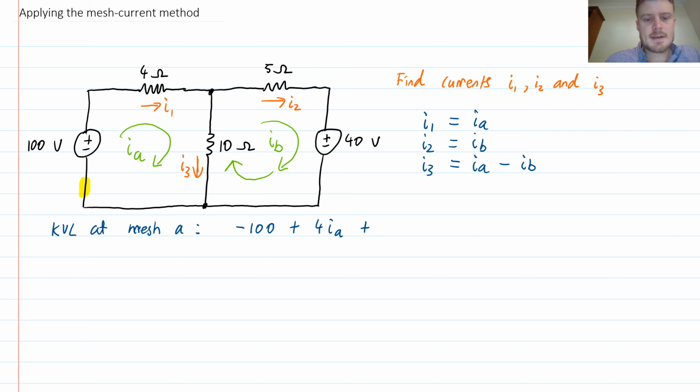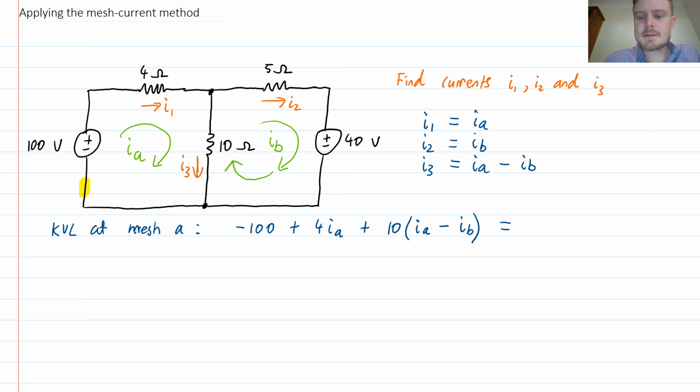Then I come across the 10 ohm resistor, and here the current through this 10 ohm resistor is a contribution due to IA, and also a contribution due to IB. Of course we have a minus sign on IB because when I'm doing KVL, I have been going in a clockwise direction around this loop, whereas my IB current will be the opposite way with respect to that 10 ohm resistor.